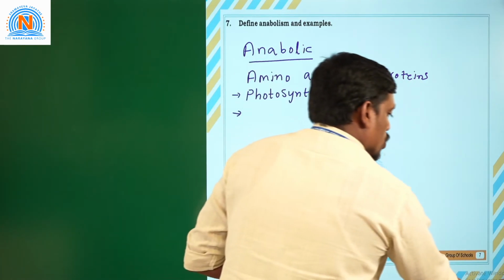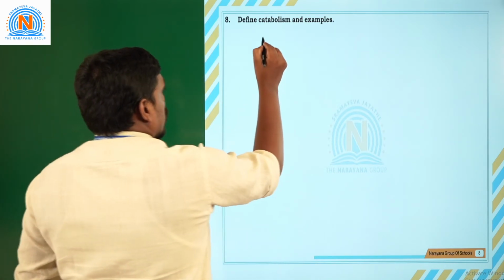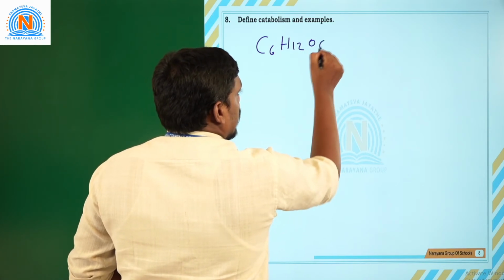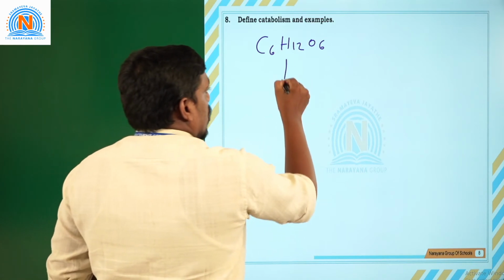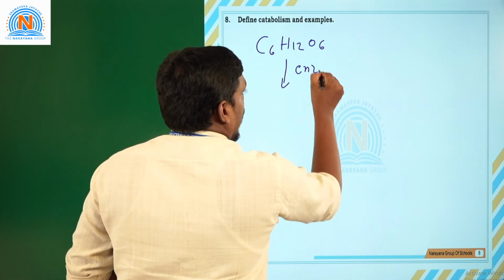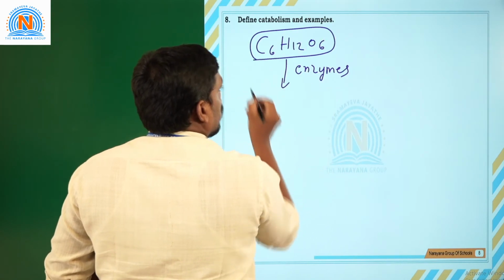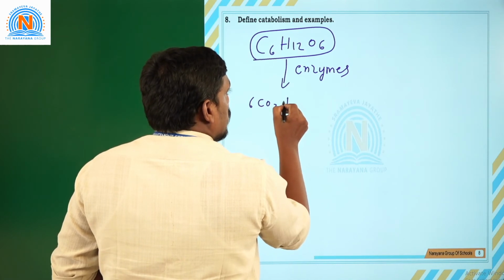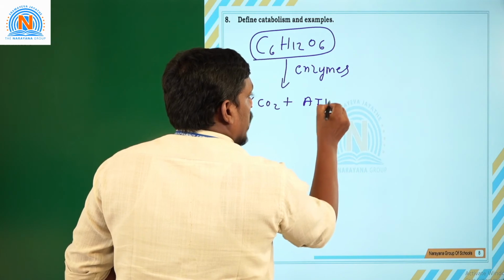Moving on to the next question, students. Define catabolism. What do you mean by catabolism? You might have seen the structure of glucose. Chemically it is C6H12O6. The glucose molecule, with the help of certain enzymes or enzymatic reactions, breaks down into simple substances like carbon dioxide, and at the same time the energy-rich component called ATP.